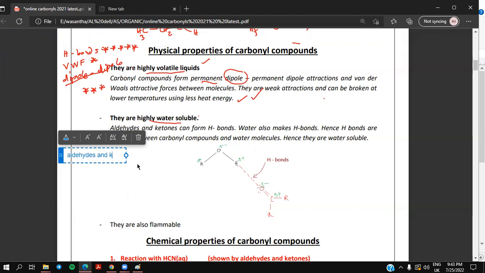Aldehydes and ketones cannot form hydrogen bonds with other aldehydes and ketones.